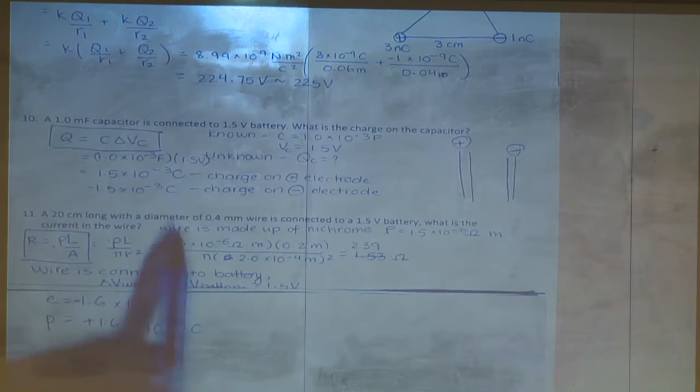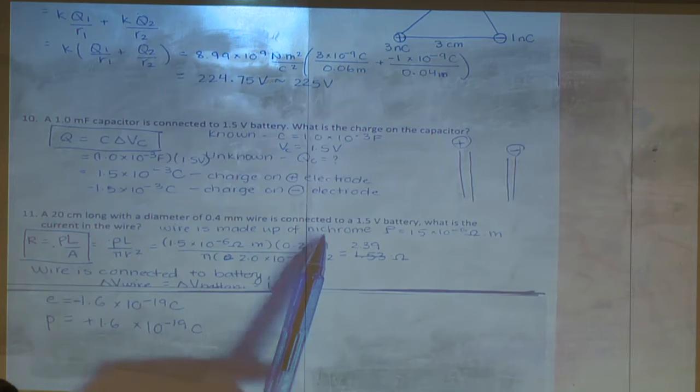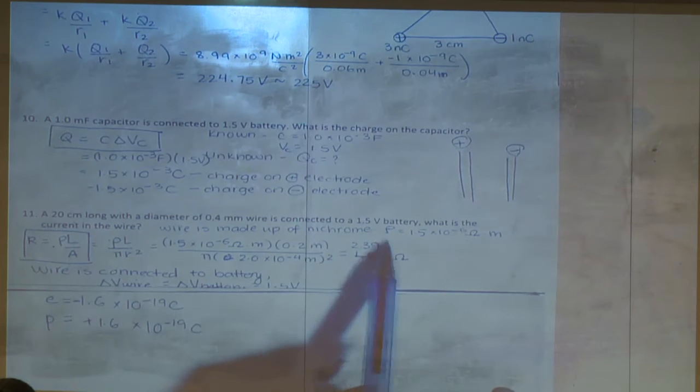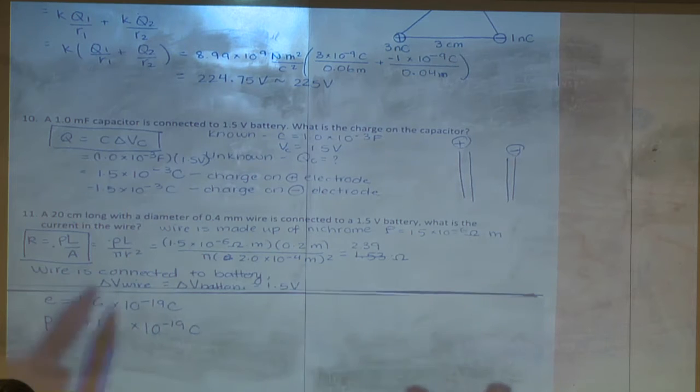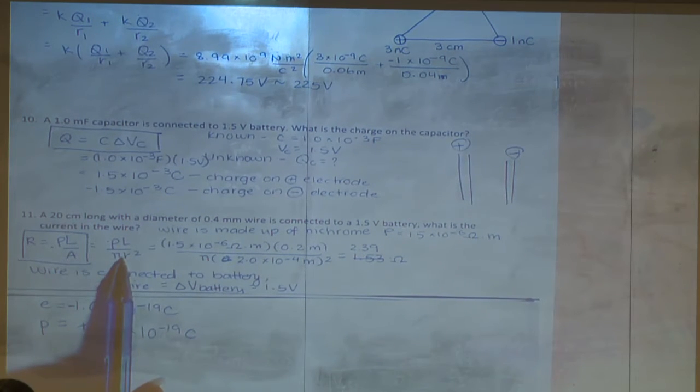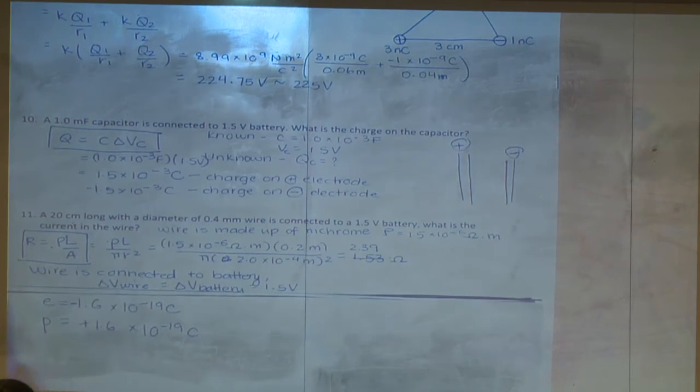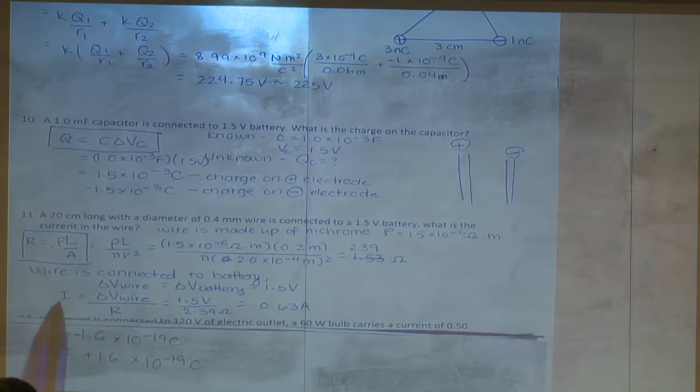So the wire is made up of nichrome, and the resistivity for that is 1.5 times 10 to the negative 6 ohm meters. So if we plug everything in, since we're looking for the current, we have another step to go further down to find the current, because here we're looking for the resistance, since we don't have the resistance of the wire. We're given everything else.